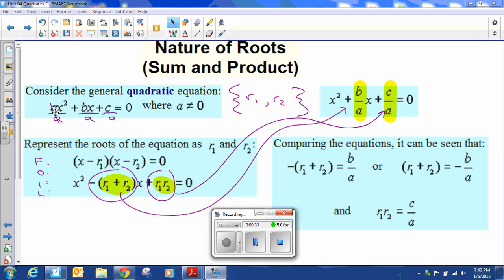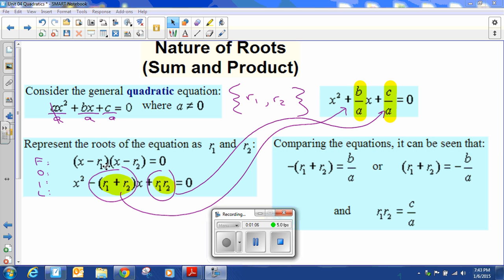So this is your quadratic equation in standard form, ax squared plus bx plus c equals 0. If you divided everything by a, then you would end up with this form of that same equation. Now, if the solution or the roots of a quadratic equation are R1 and R2, then you could have x minus R1 times x minus R2 equals 0 be one form of the equation.